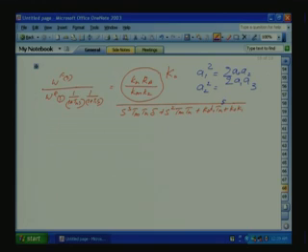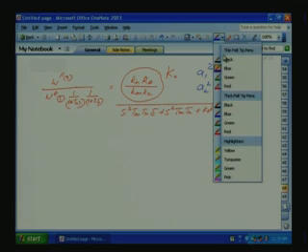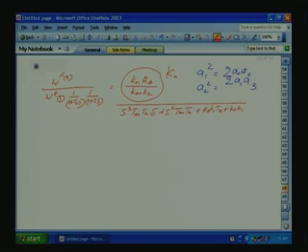Sorry, there is an s term here that we forgot, right? The s term is here. So, A1 is the constant of the s term, that is K0 K1 Tn.